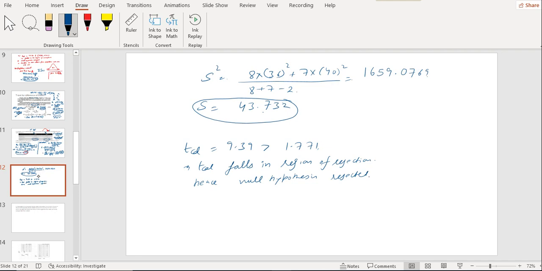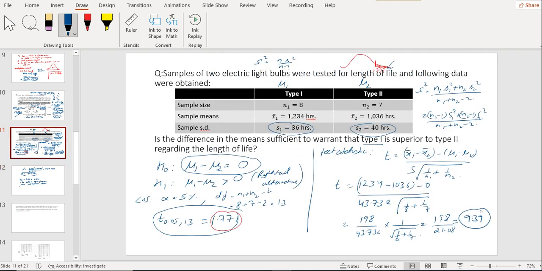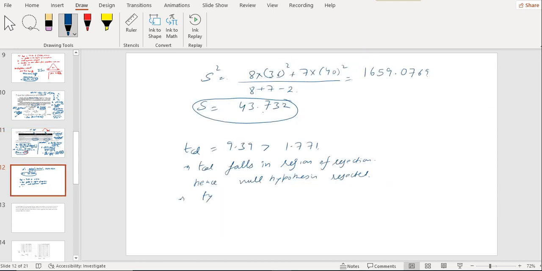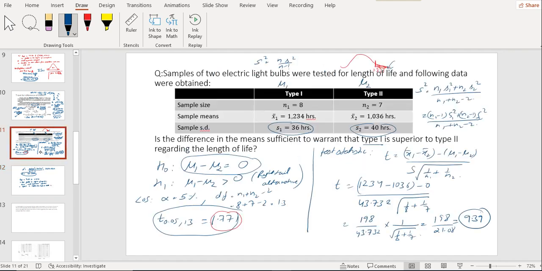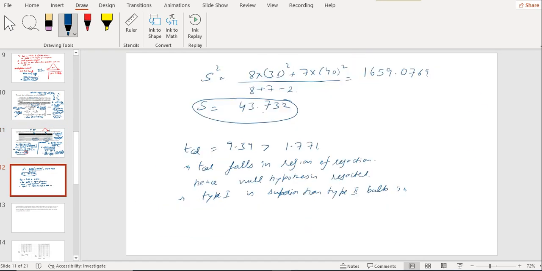What can we conclude here? We can conclude that the alternative hypothesis is true. It means that type 1 bulb is superior to type 2 bulb in terms of the length of life.